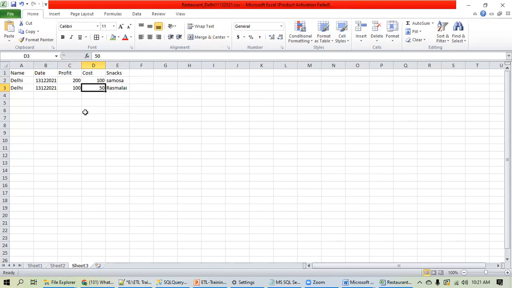Similarly, if you're working in any platform or domain, whether finance or healthcare, you have to finally show the numbers: the total profit, the total cost, how much tax you have paid, the total revenue, and all those things. If I ask you what is the total profit for 13 December 2021, what will be the answer?